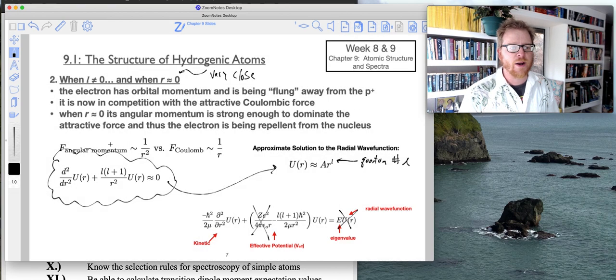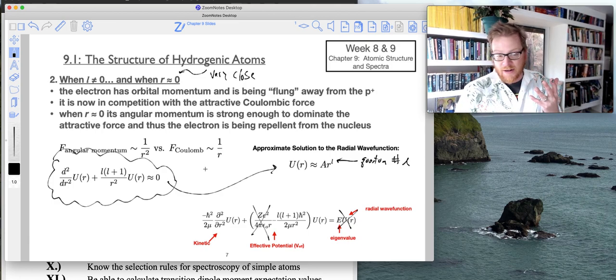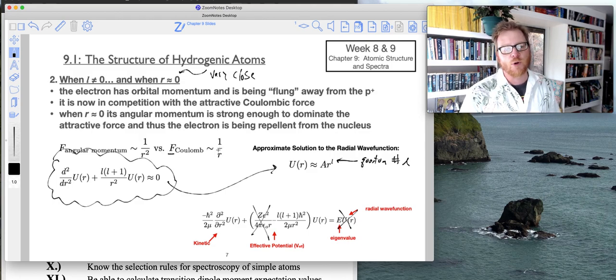So let's look at the last condition. Oh, and sorry, the last thing I want to compare is, if you want to think about Coulomb's law and angular momentum being in competition, the force, that's what that F is for, the force of Coulomb's law is proportional to 1 over r. However, the force of angular momentum is proportional to 1 over r squared.